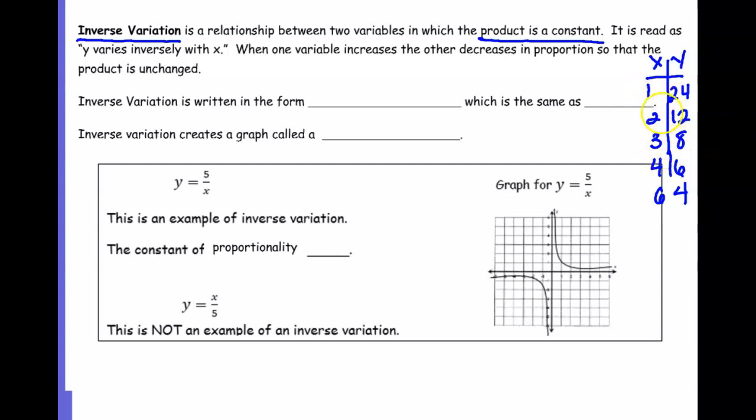And that, when you multiply them together, is the constant of variation, or the constant of proportionality in an inverse variation. So an inverse variation is written in the form y is equal to k divided by x, where again that k is the constant of proportionality. So let's write that in again. K equals constant of proportionality.